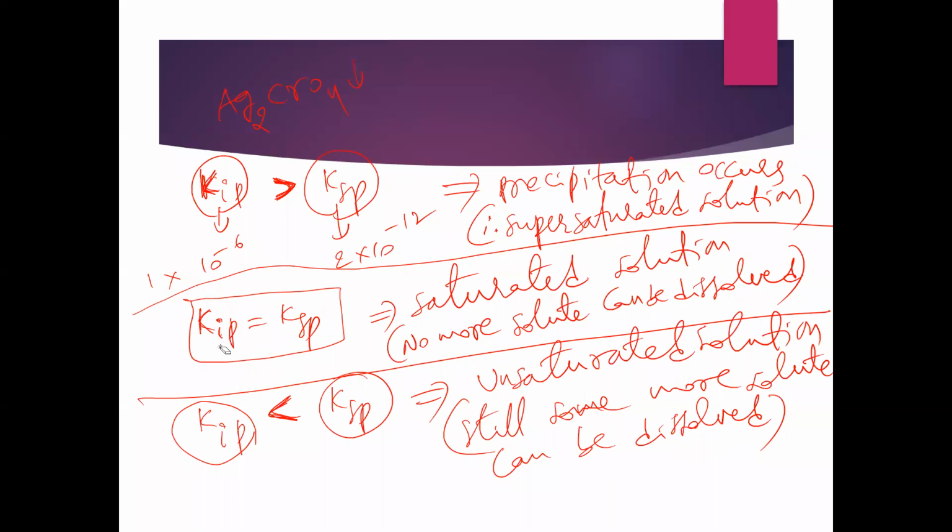And whenever KIP is equal to KSP, whenever the ionic product of the salt is equal to the solubility product, a saturated solution is formed and no more solute can be dissolved in that saturated solution. And in which solution will there be dynamic equilibrium? In a saturated solution.